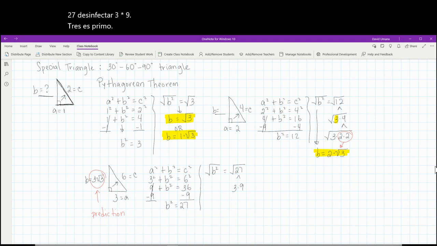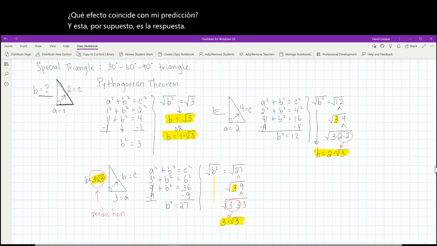Make sure to include the square root symbol. And 9 is 3 times 3 with the original 3. Like always, I'm finding the perfect square. This has a base of 3, times square root of 3. Which in fact matches my prediction. And this, of course, is the answer for B.